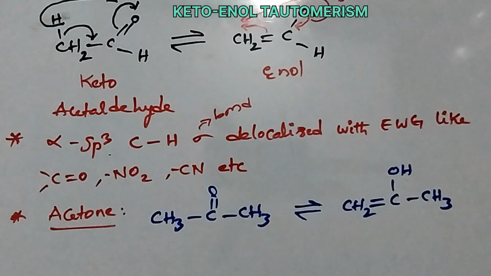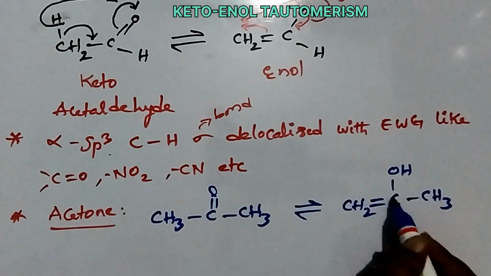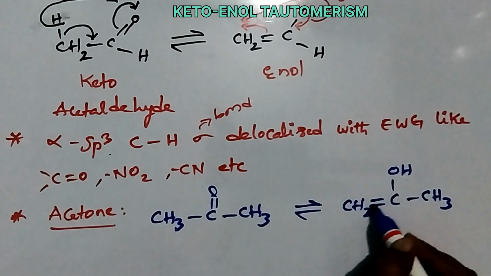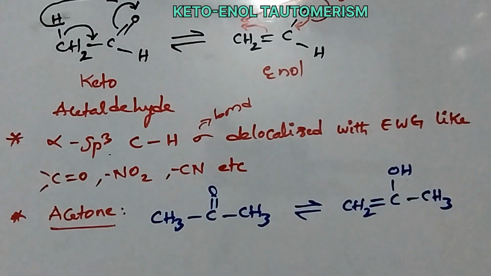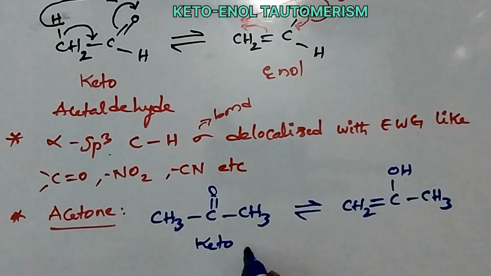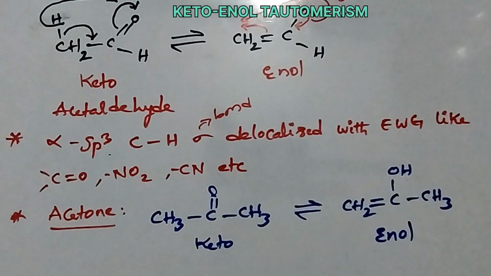Proton transfer like that we can see. The carbon oxygen double bond becomes a carbon double bond CH2 double bond C, then OH. So this is the keto form, and this is the enol form.